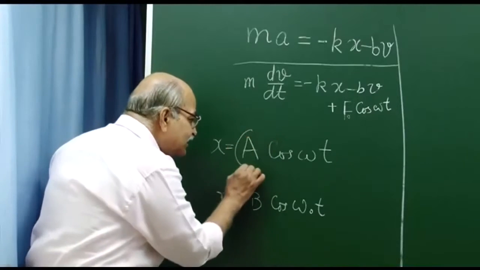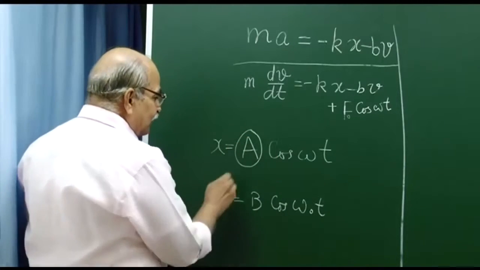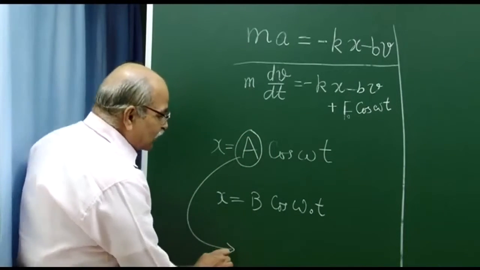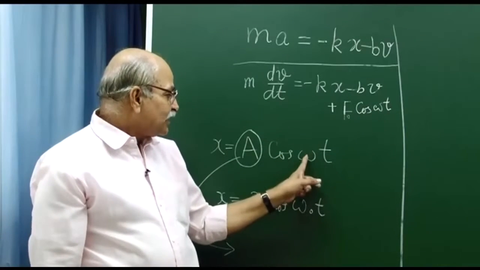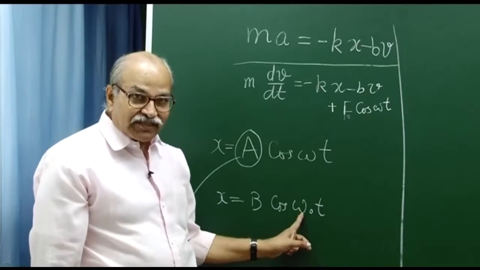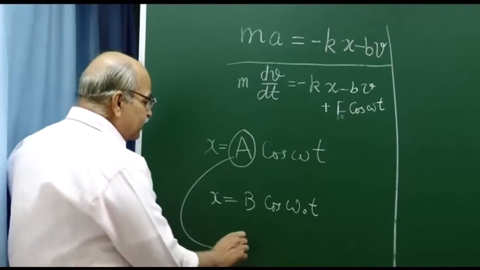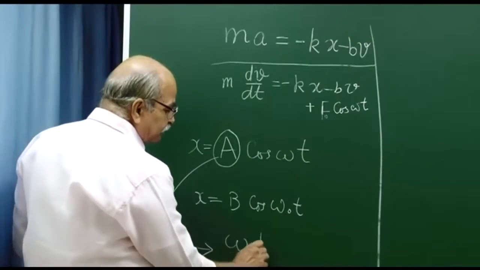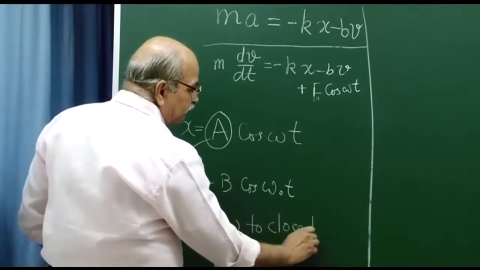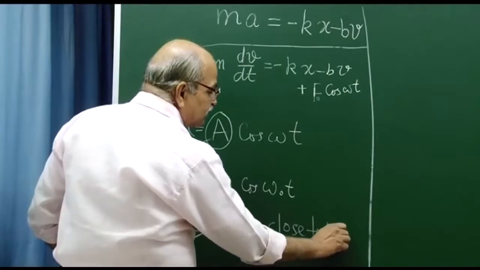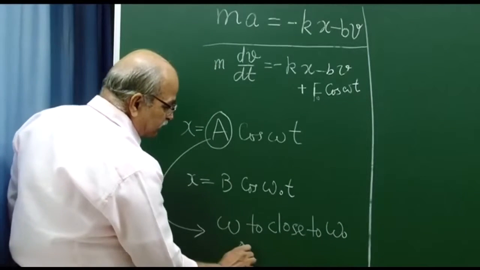So, it is the forcing frequency that decides the frequency of oscillation. And what is this amplitude A? This amplitude A depends on the relation between this omega and this omega naught. If omega is close to omega naught, this A is large.